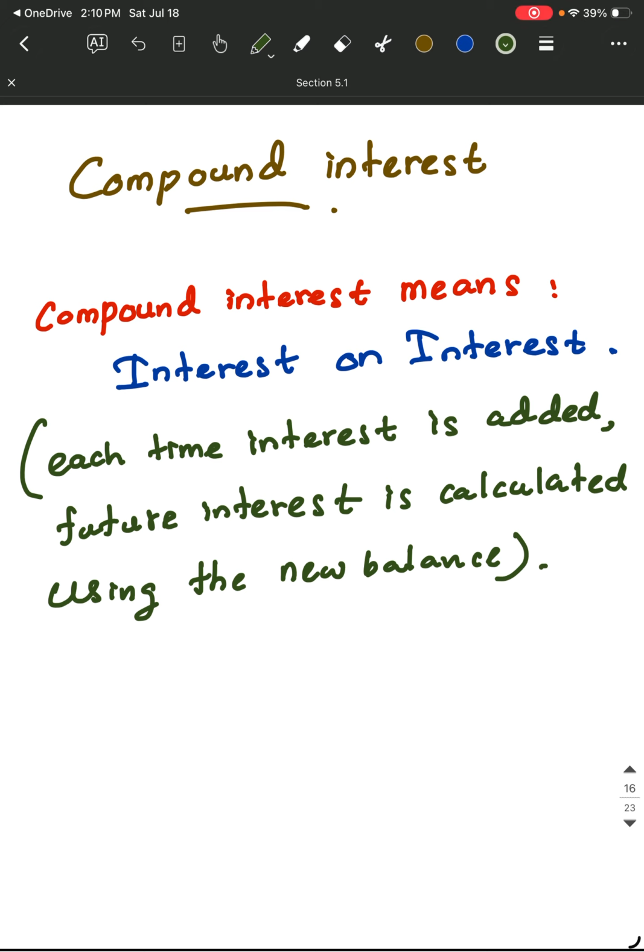Okay, so let's see the quick comparison.